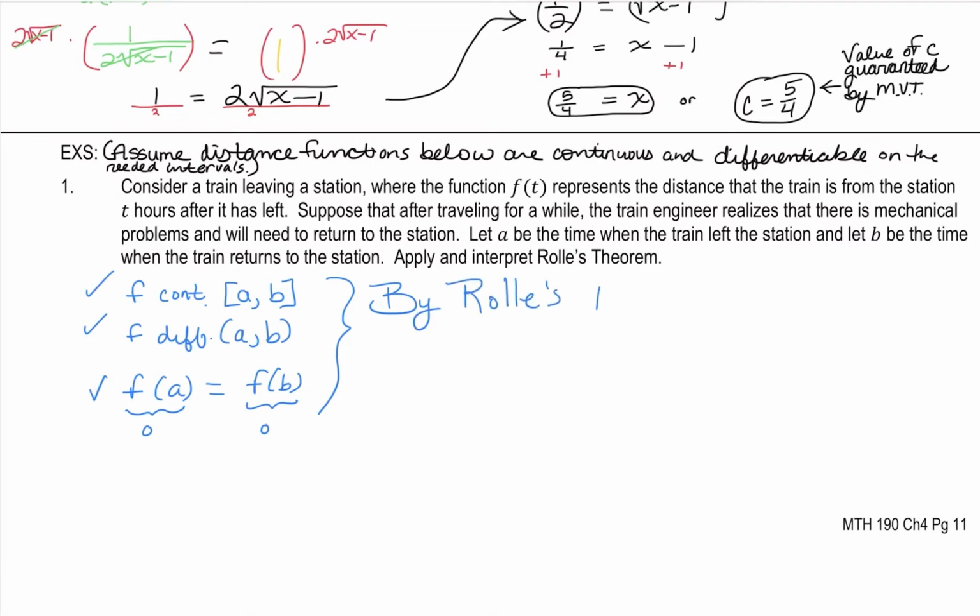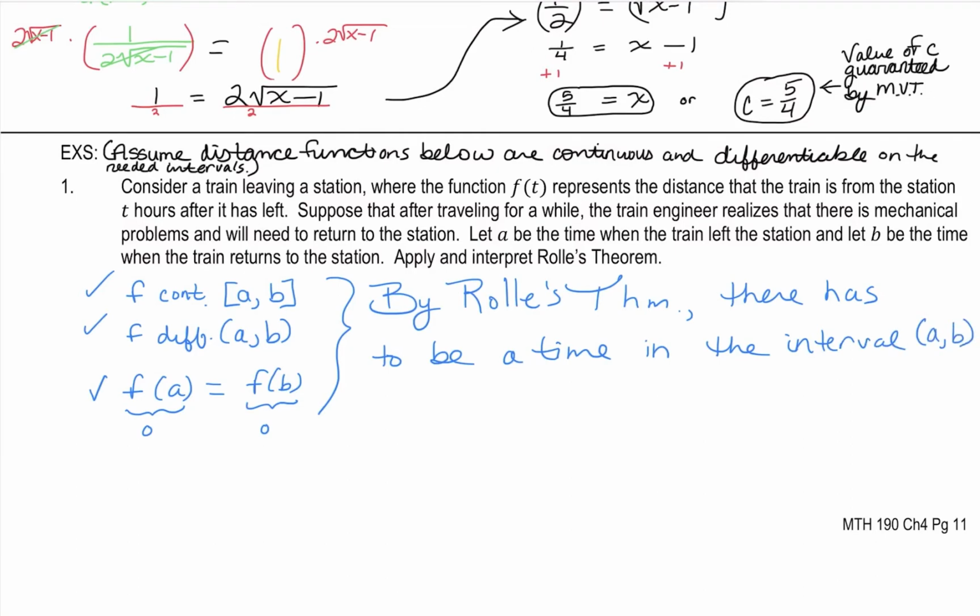By Rolle's theorem, what we know is that there has to be a point in time, we could call it C, in the interval from A to B, from the time we left to the time we came back.